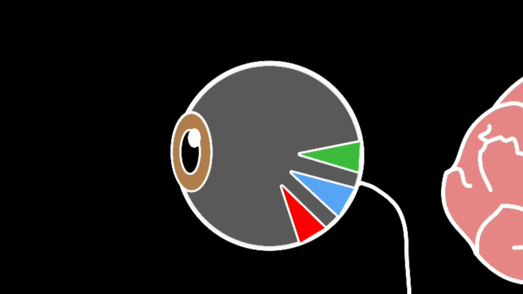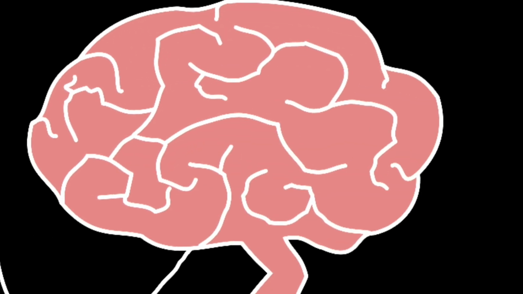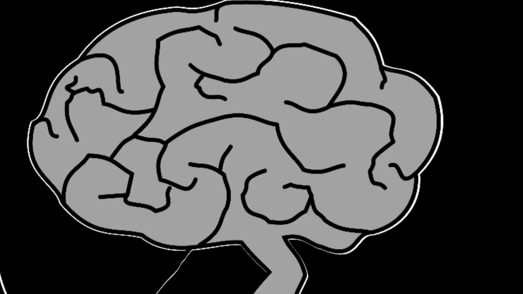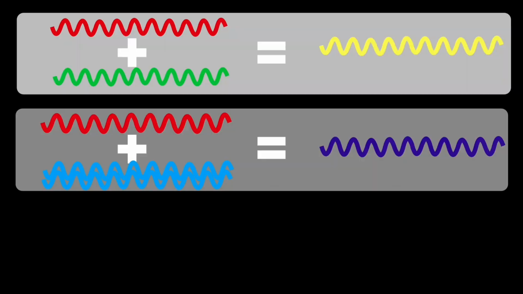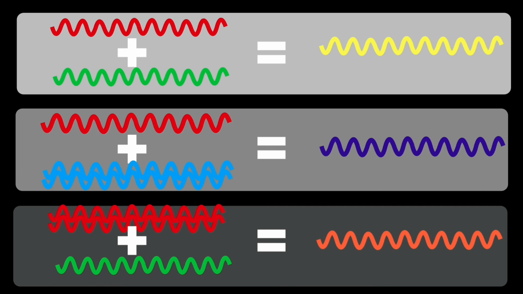If these cones were not present in our eyes, our brain would tell us that the world is just black and white. But how can just 3 color receptors help us see more than 3 colors? It's simply because the wavelengths received by the 3 cones can combine in pairs to reproduce a wide range of colors.